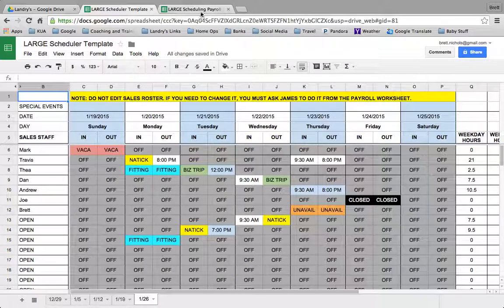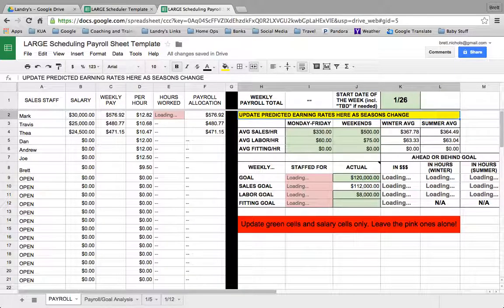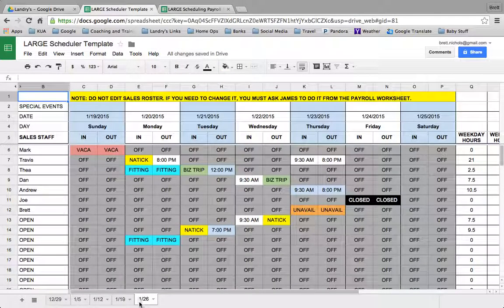But when I go up here to Payroll Scheduler and try to reference 126, I have a reference issue. The problem is that it's trying to find a tab that's named 126, when really we only have a tab named space 126.